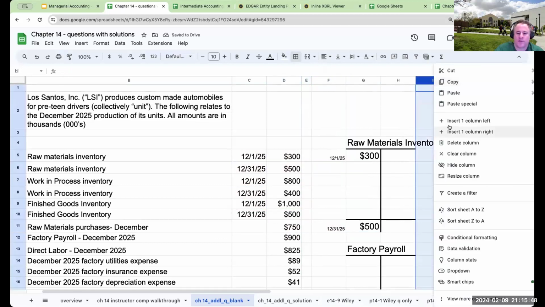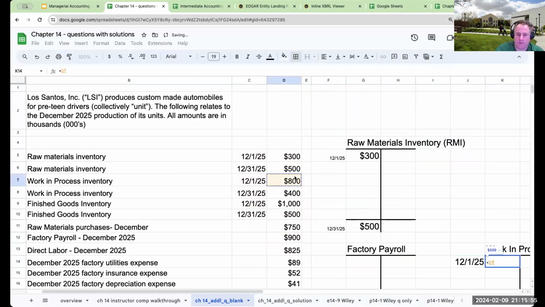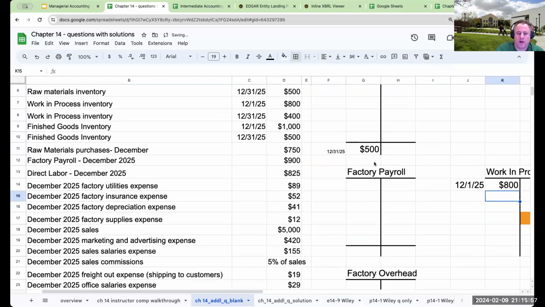My work in process inventory, my opening balance is going to be 800. My ending balance right over here is going to be 400.